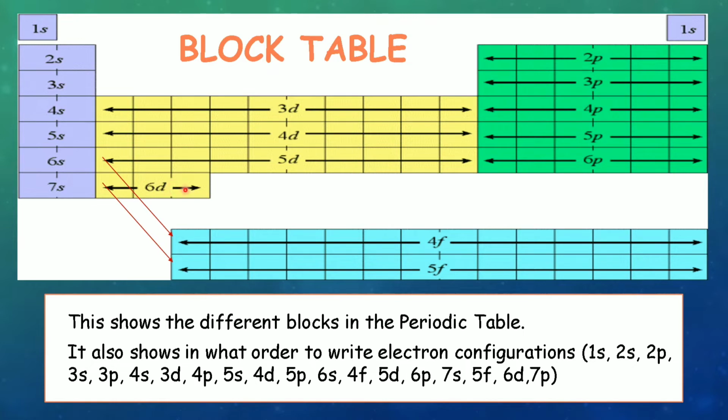So, after 6d, we go to 7p. And that's how the electron configurations flow in this block table.